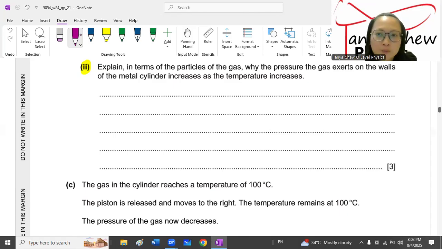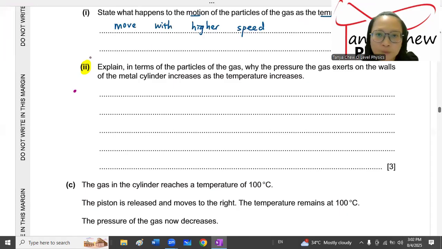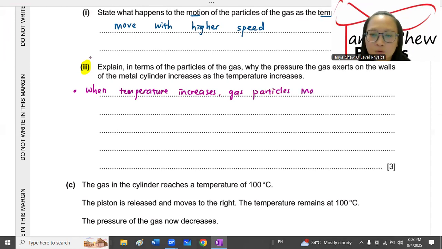So in terms of the particles, when temperature increases, gas particles move more vigorously.